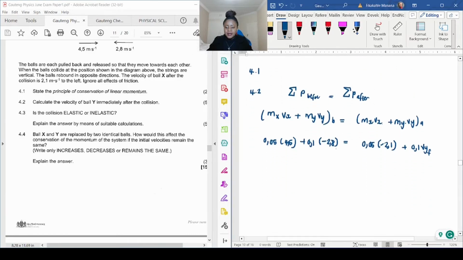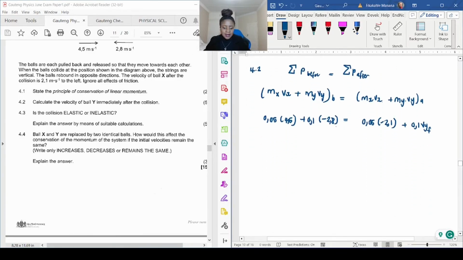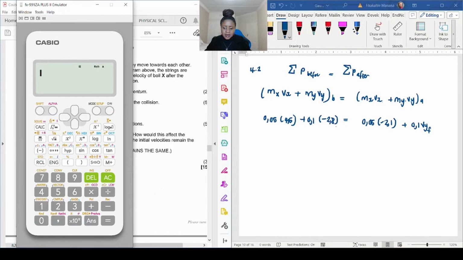Okay, so now let us calculate. With our calculators out, we're going to say 0.05 multiplied by 4.5 minus 0.1 multiplied by 2.8, because we already incorporated the minus.